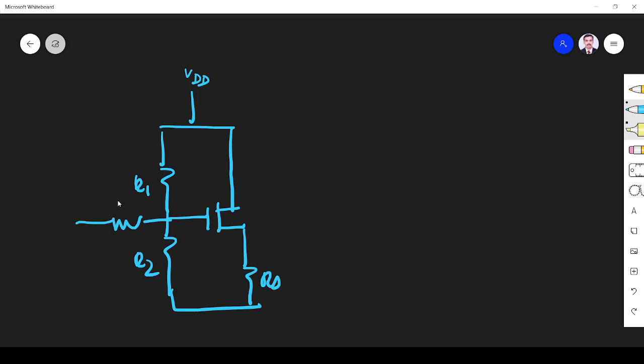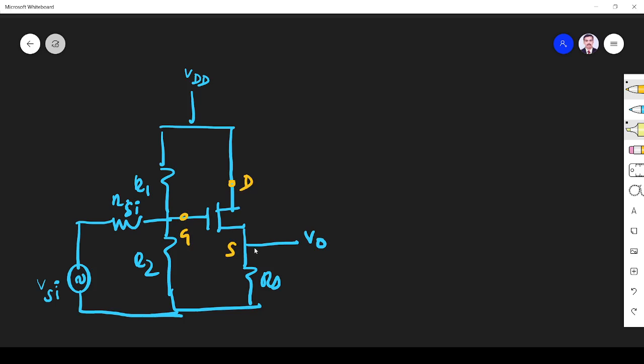Here we have the input source with its resistance RSI, the signal voltage VSI or VS simply. The output is taken across the source. So this is the drain terminal, the gate terminal, and the source terminal.